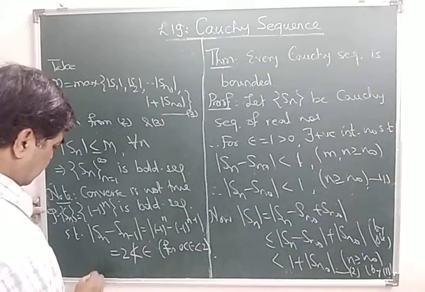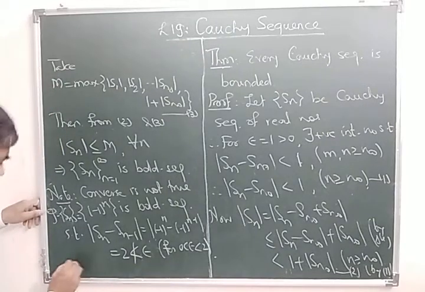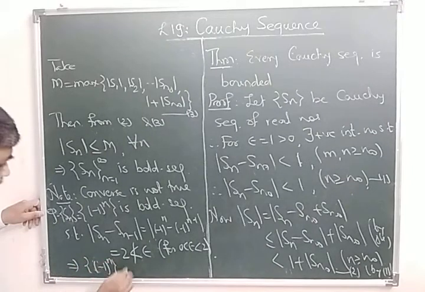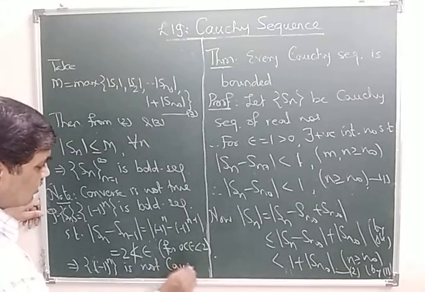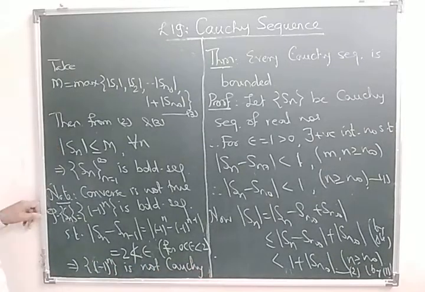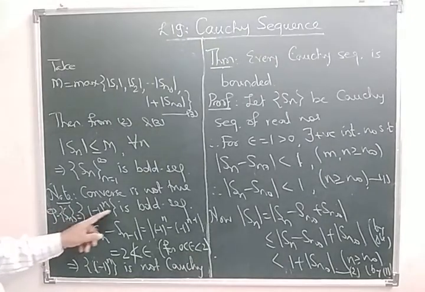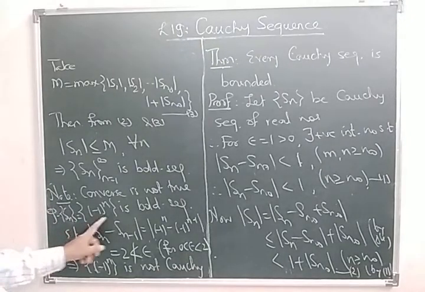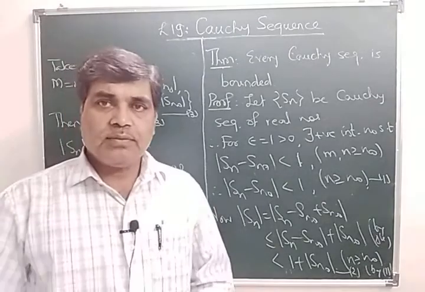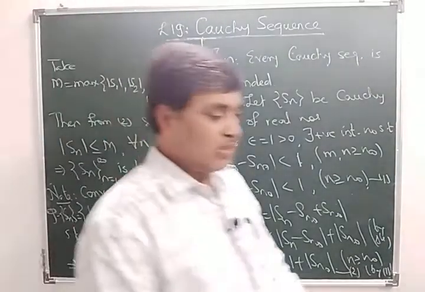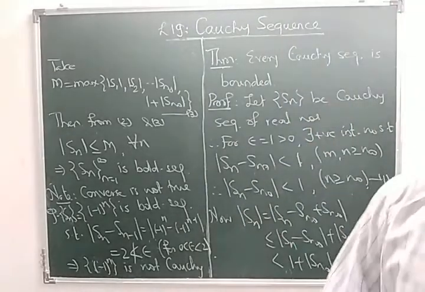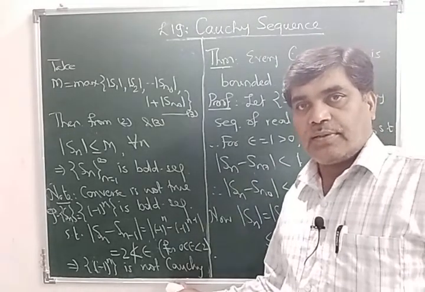This implies minus 1 raised to n is not a Cauchy sequence. It is bounded because mod of Sn is 1, less equal 1. So this is an example of a bounded sequence which is not a Cauchy sequence.